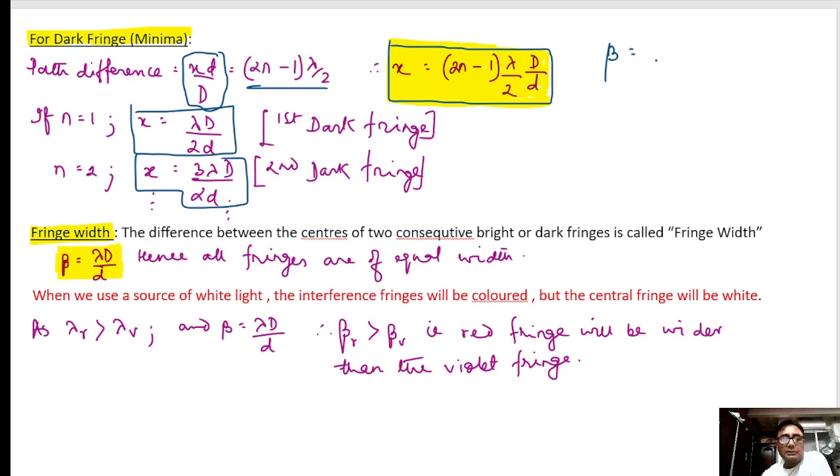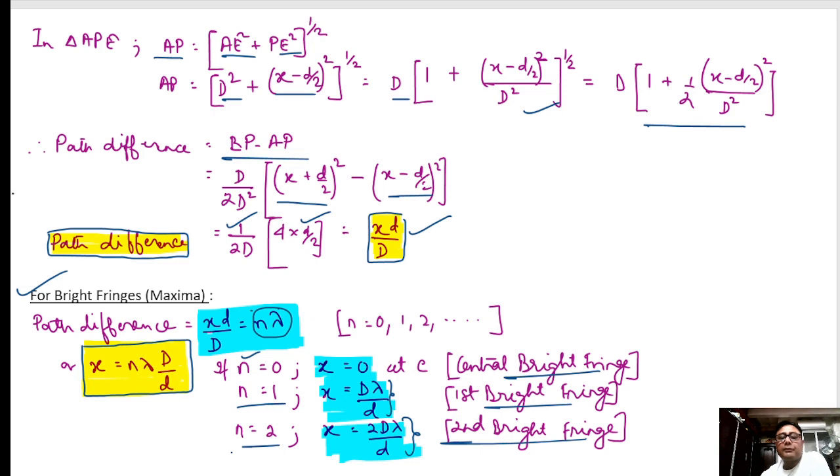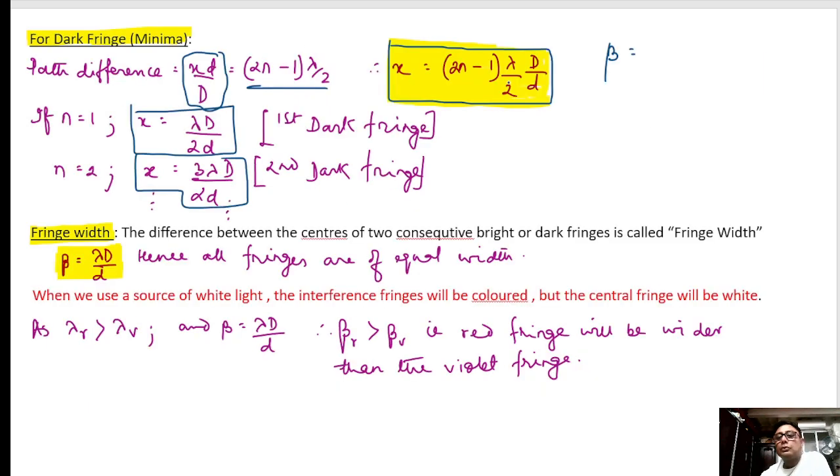The first bright fringe will be D lambda by d, and then the second will be 2D lambda by d. So the second bright fringe is at distance 2D lambda by d minus the first bright fringe, so the fringe width will be D lambda by d.